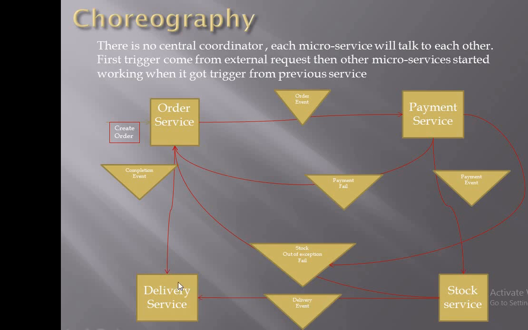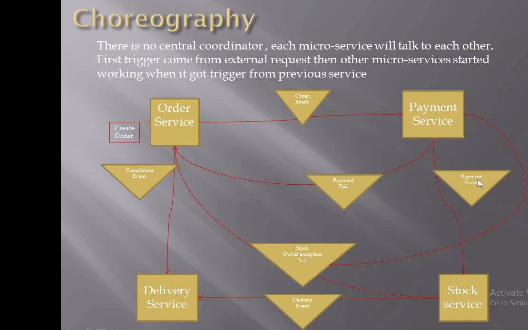And delivery service will listen to the delivery event and do the delivery. Once delivery is completed, it sends a message to the completion event queue that will be connected to order service, and order service marks that order as completed. So this is the total life cycle of that full order. You can see that if any failure happens, payment service sends a message to this queue.